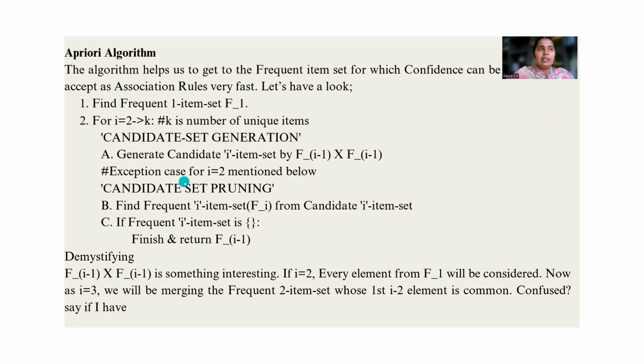Pruning is nothing but removing the items whose support does not fall equal to or greater than the minimum support value that is set, so they are removed from further item set calculations, right? So you have to do this iteratively until k is equal to or greater than 2. So this is how the apriori algorithm is said to work.